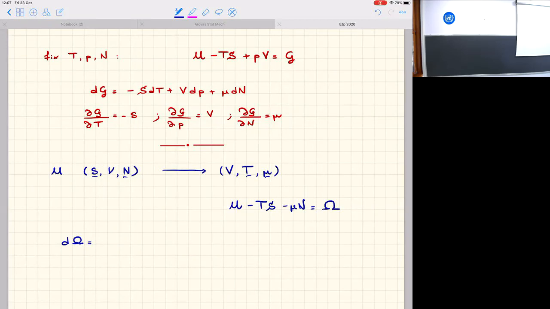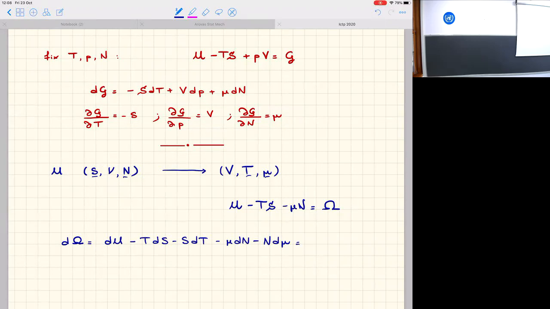The three variables. So d omega is equal to dU minus d(Ts), which is TdS plus SdT, minus mu dn, minus n d mu. Okay?